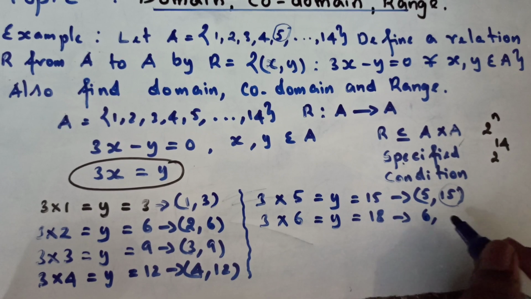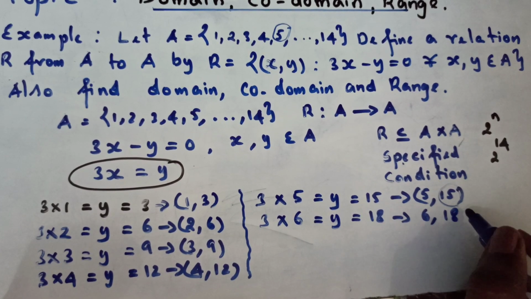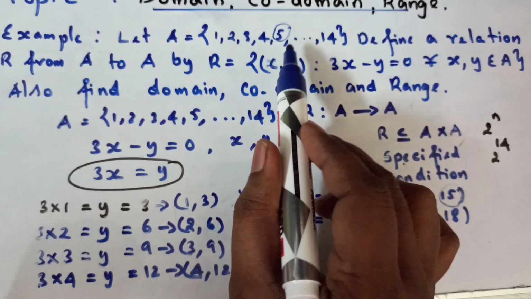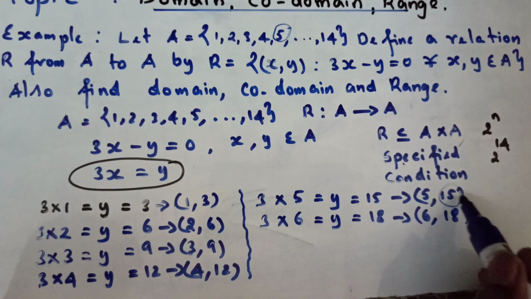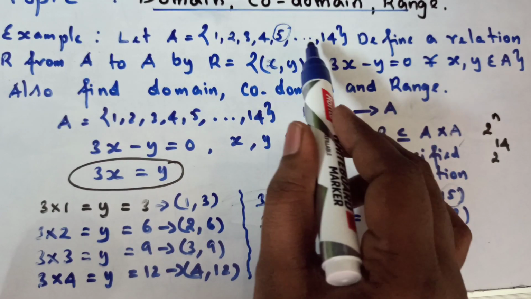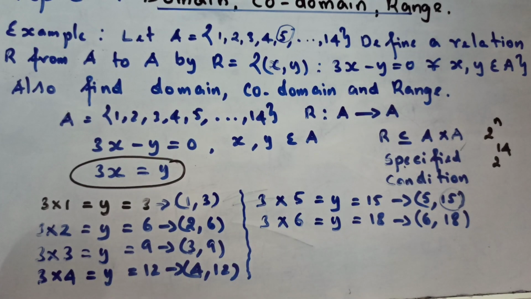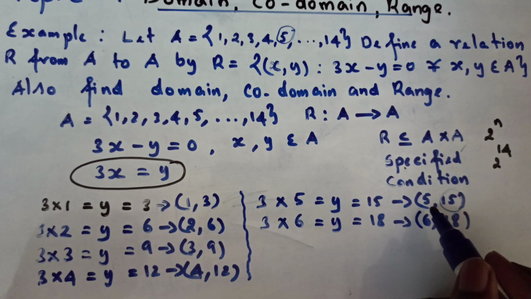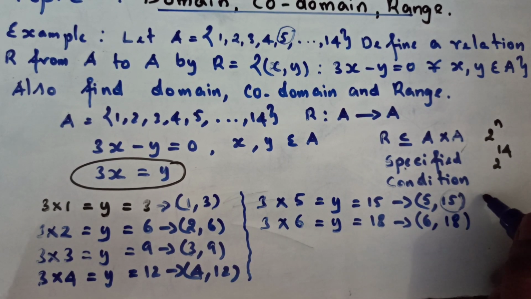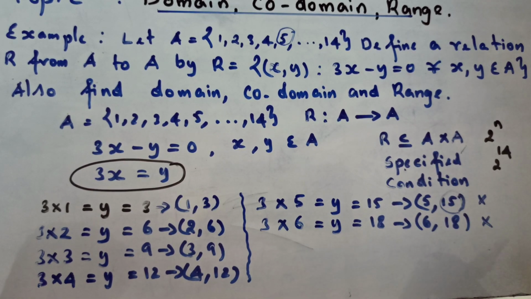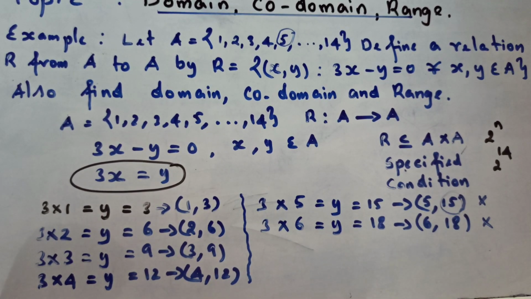Though 6 is inside set A, 18 is not inside set A. So I cannot take an input value more than 4. Even the upcoming combinations are not possible.